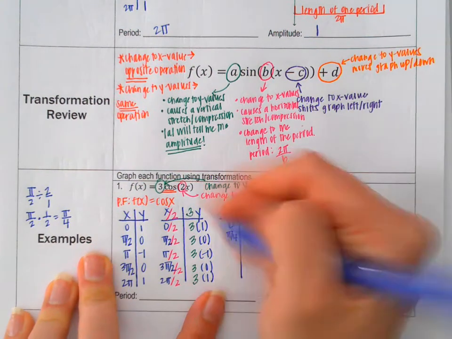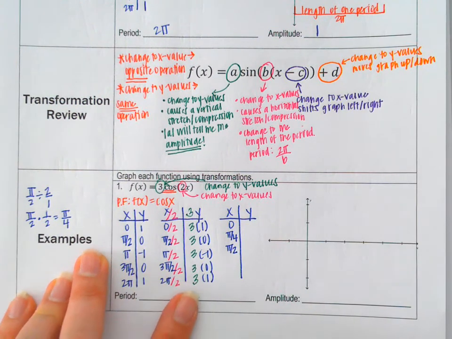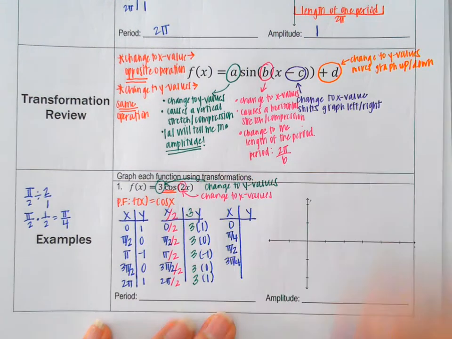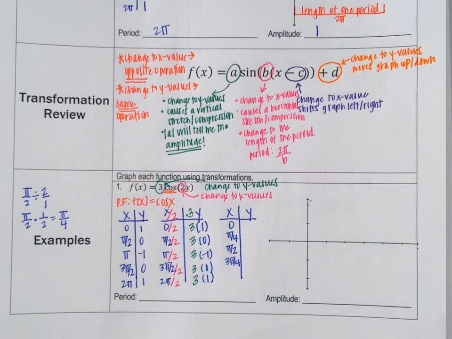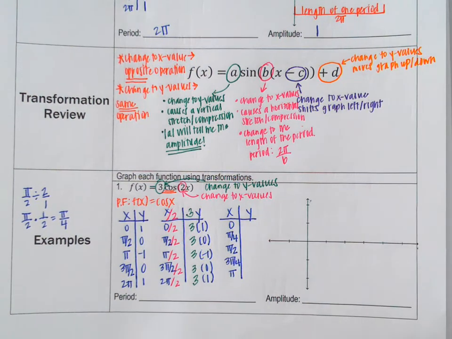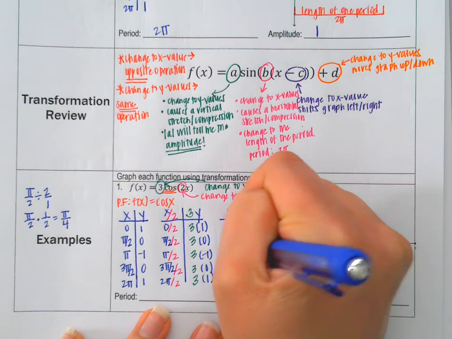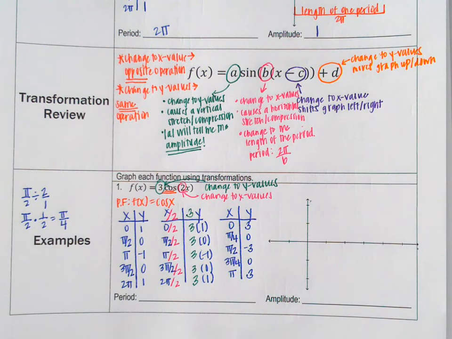Pi over 2 stays pi over 2. 3 pi over 2 divided by 2 is going to get me 3 pi over 4. The 2 and 2 are both going to stay in the denominator and multiply together to get me 4. And then 2 pi over 2 simplifies to pi. And then 3, 0, -3, 0, 3. And then we can graph.